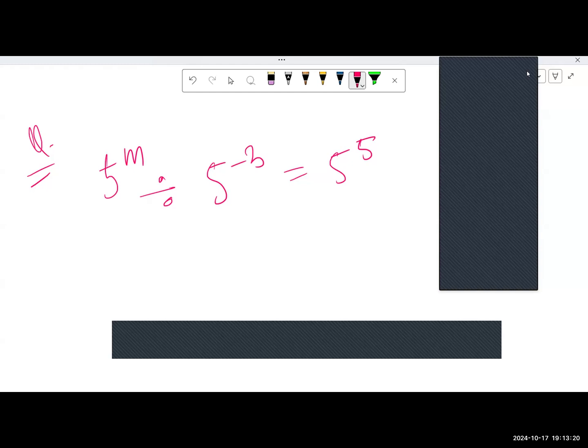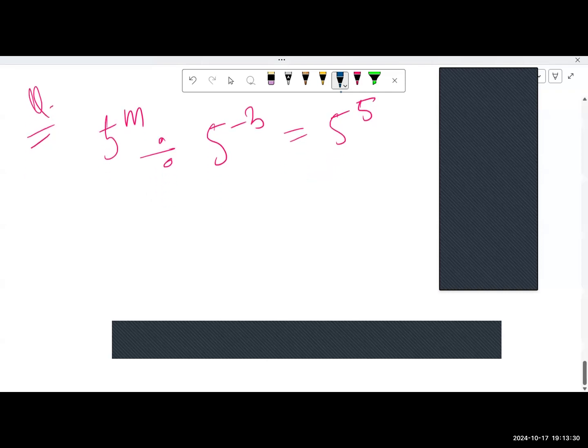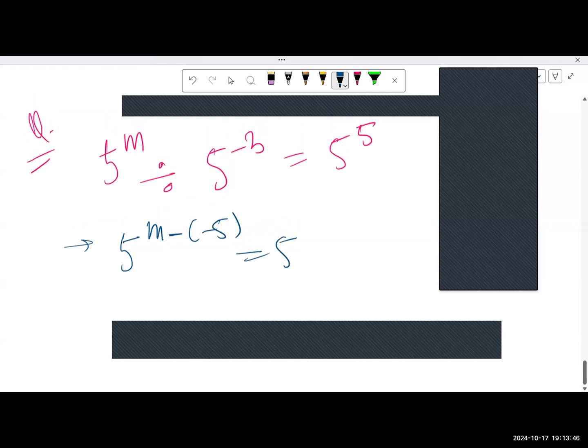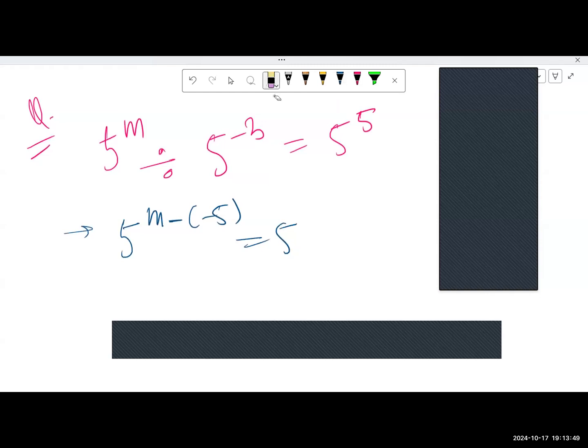Done, ma'am. Okay, so the answer will be m equals 8. Let's check. Ramesh, have you done? Yes, ma'am. So you have 5 to the power m minus, sorry, minus minus 3 gives you 5 to the power 5.